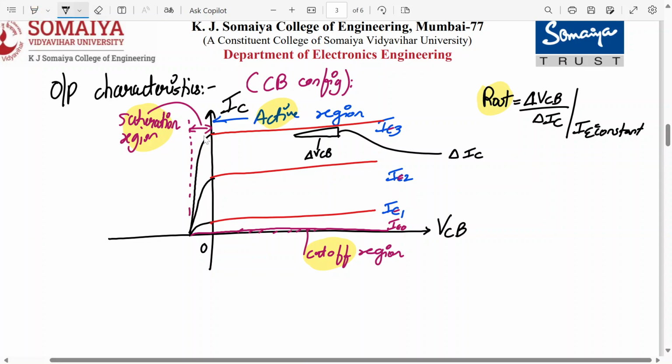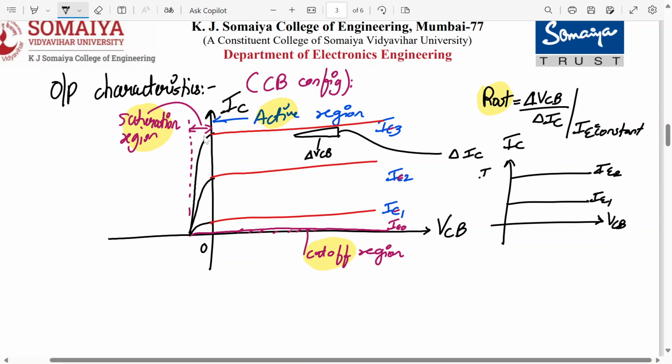Now यहाँ पे देखोगे, if I extend it over here, if I check the graph at two different points, this is IC versus VCB. This is IE1, let's say IE2. This is IC1 and IC2. As you can see very clearly, both are almost related to each other, almost same. So there is one more quantity defined as alpha, which is delta IC upon delta IE.